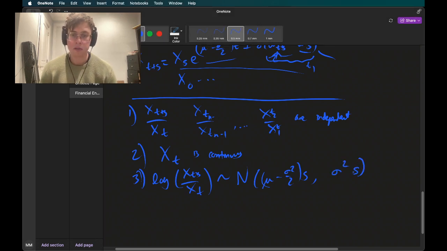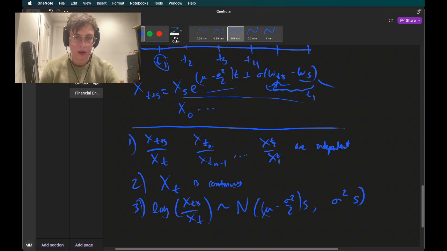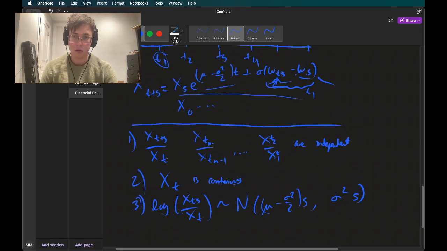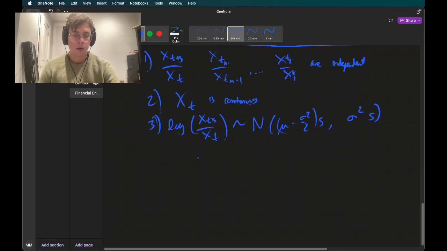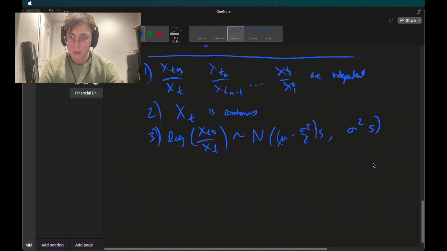So where does this come from? We take the natural logarithm of both sides, this e goes away, and we end up with this multiplied by s plus this normal distribution factor. The mean of this normal distribution is equal to this, and the variance is sigma squared s, because in geometric Brownian motion the variance increases as time increases.